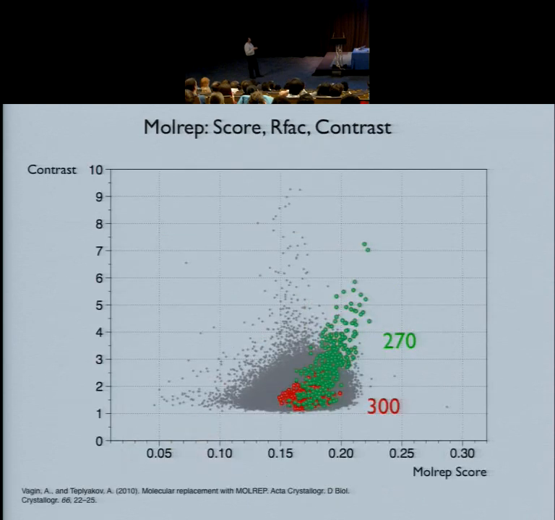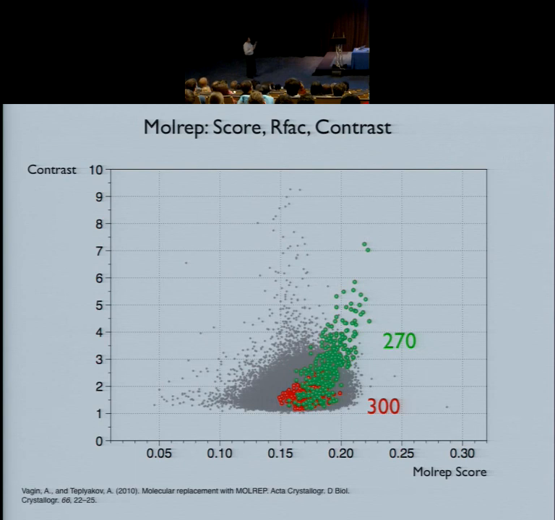This is for MolRep, and we've used MolRep extensively. I've solved a number of structures with MolRep, and it has been very productive for us. In comparison to Phaser, this is again for the peptide binding domain. And remember, in the case of Phaser, we have 250 correct solutions. With MolRep, we actually get 20 more. So we get 270 correct solutions using peptide binding domains.